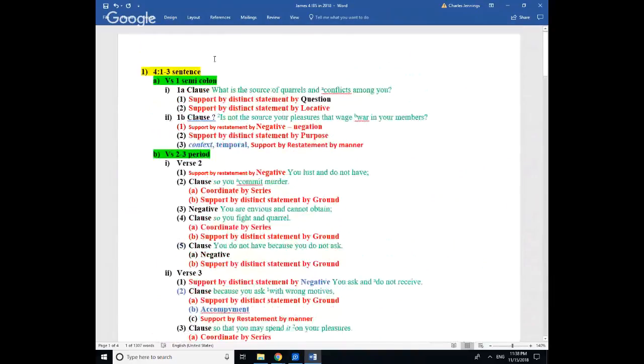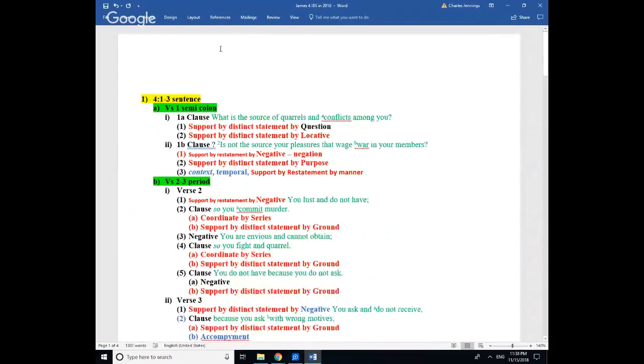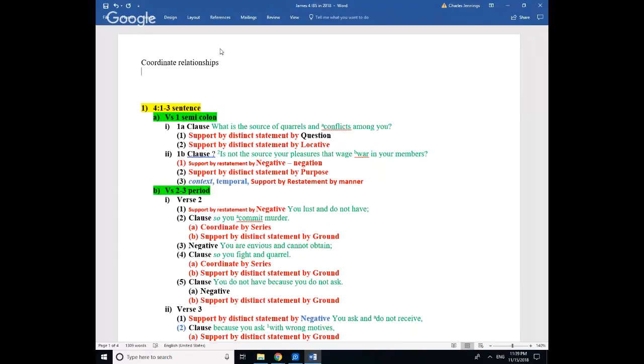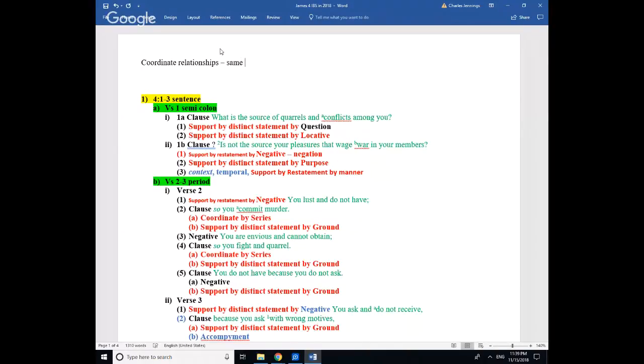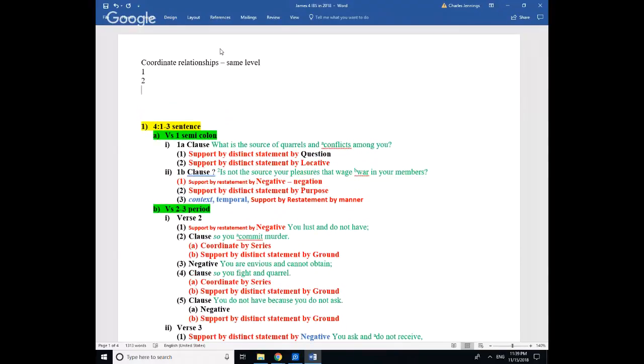All right. So this is what you've got to think about. If we're understanding the system right, coordinate relationships are where they're on the same level. So that means you would have 1, 2. That would be like an 'and' or 'but'. Subordinate, as you know, the word they're using is support.